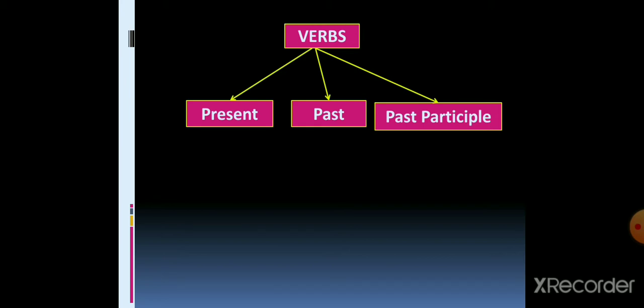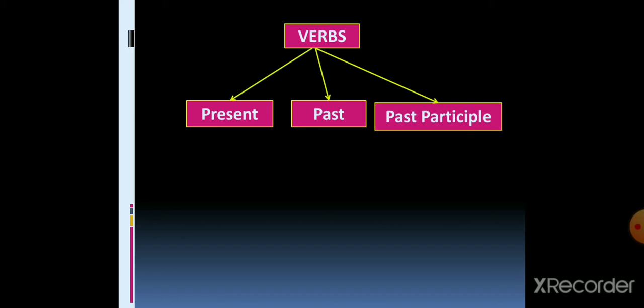Past means which we can use for the past tense, and past participle can be used to form the present perfect tense and in some parts of the future tense. We will see how we can use these verbs. But at present, these three forms of the verb are there: verb 1, verb 2, verb 3, or else present form, past form, past participle form.